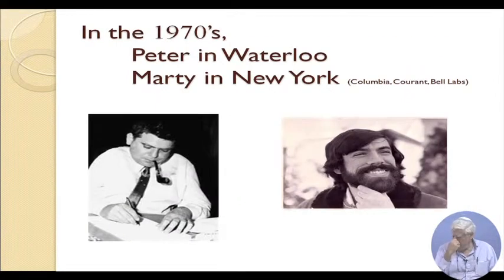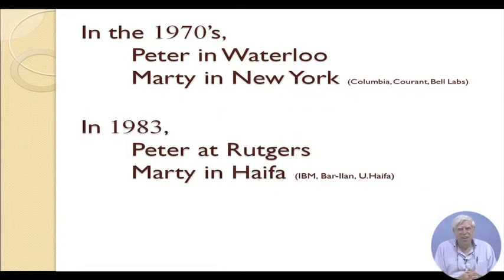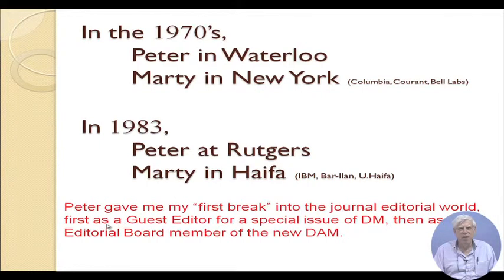So here's a picture of Peter in the 1970s in Waterloo, and Marty in, look about the same, right? In New York. Well, by 1983, Peter had moved on to Rutgers to found the institute, RUTCOR. I moved to Haifa, where I was working at IBM, and then at Bar Ilan, and then University of Haifa.